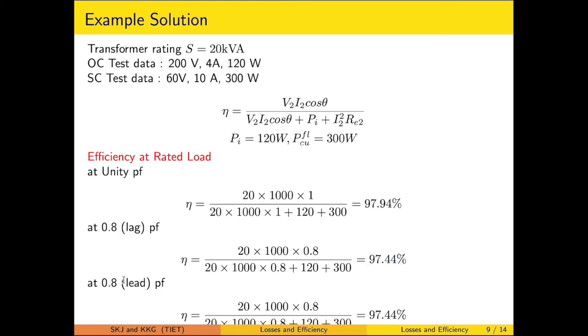On similar lines, we have calculated for the lead power factor. So the efficiency is not affected by the lag or lead nature, because only the power factor participates, not the lag or lead nature. However, the unity power factor results in the highest efficiency in comparison to the other power factors.